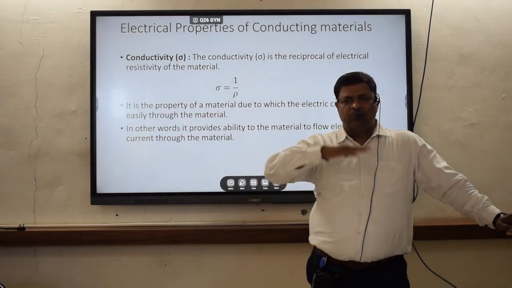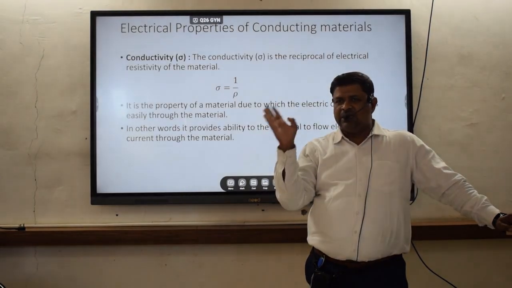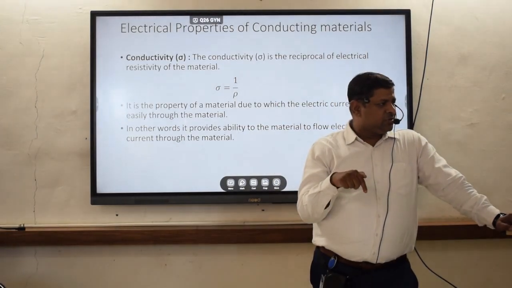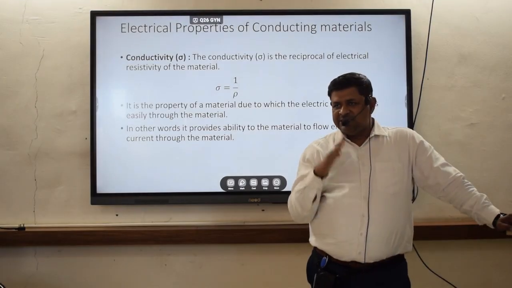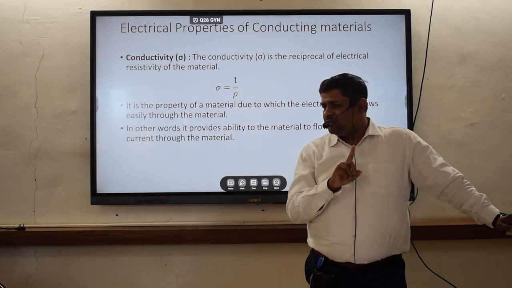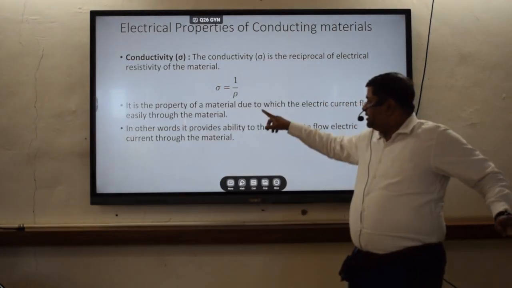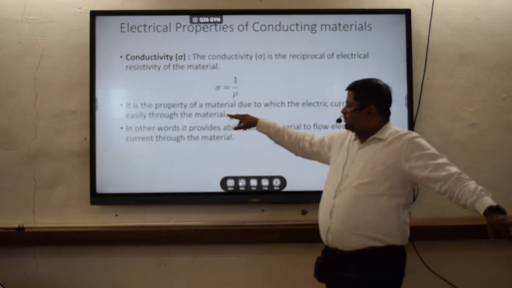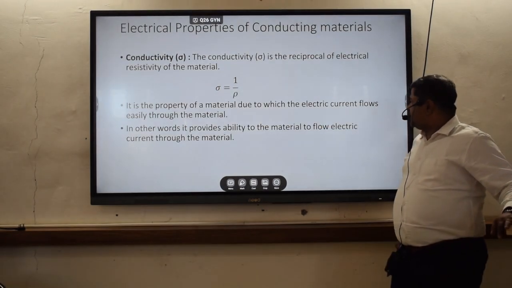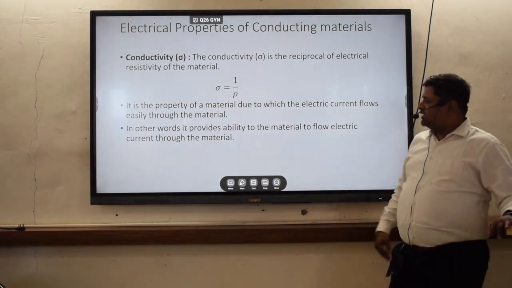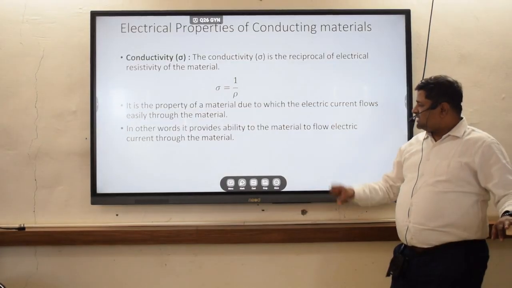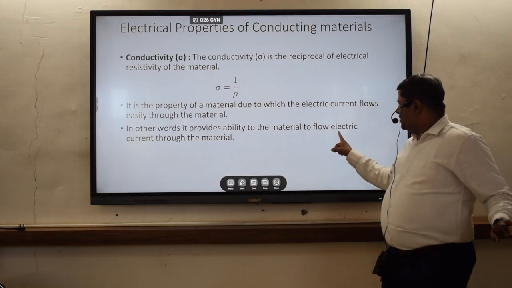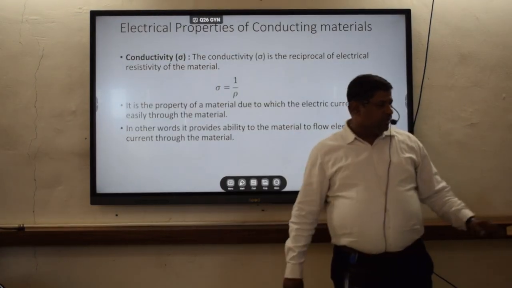If we say a material is conductive, that means its resistivity is low. If we say a material is resistive, that means its conductivity will be low. So sigma equals 1 by rho. It is the property of the material due to which the electrical current flows easily through the material. In other words, it provides the material the ability to flow the electric current through it.